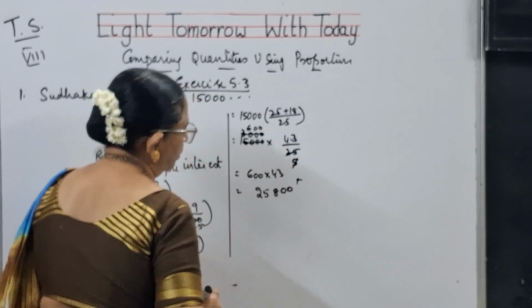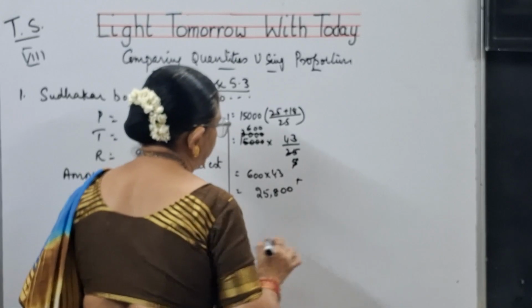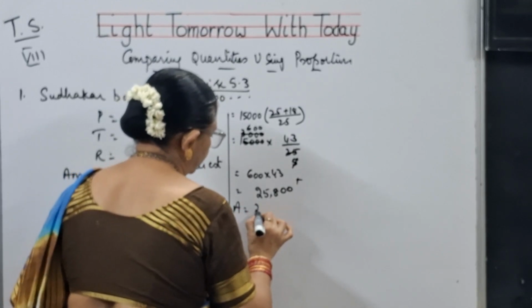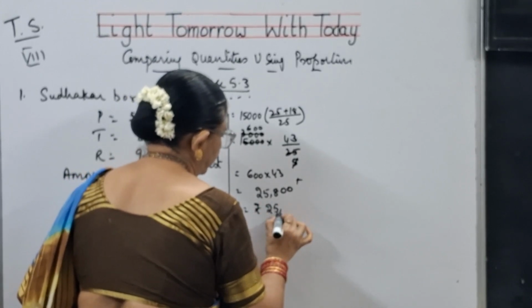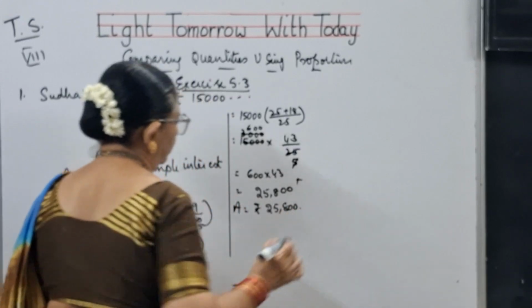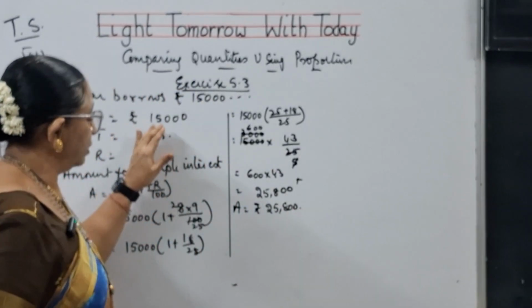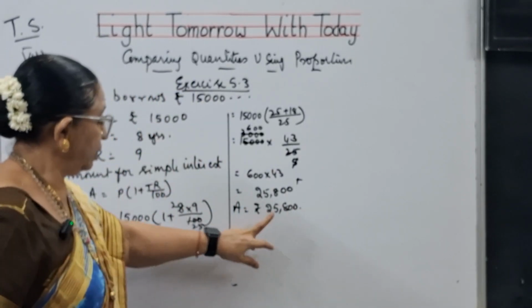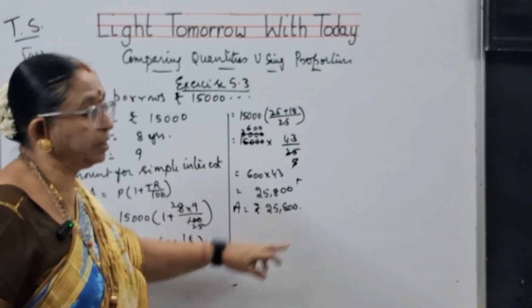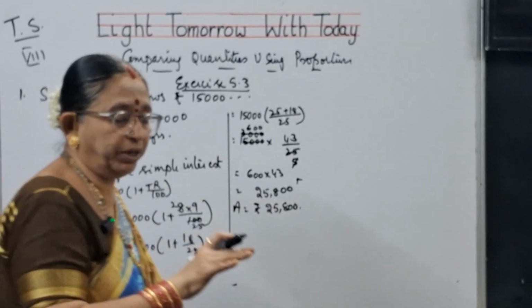So 25,800 is the amount. Amount is equal to rupees 25,800. See, when he has taken 15,000 for 8 years, he is getting 25,800, if it is simple interest.